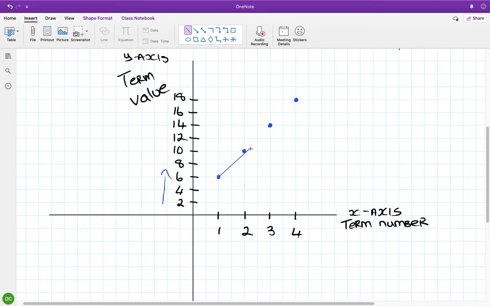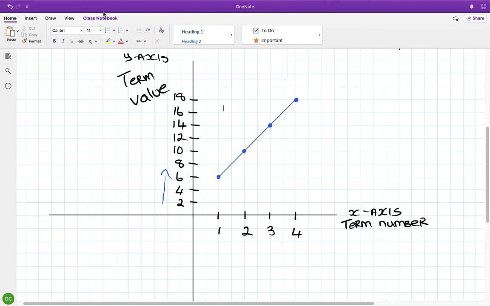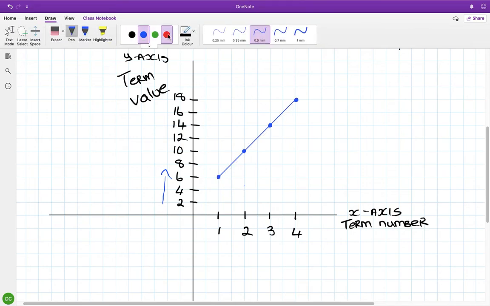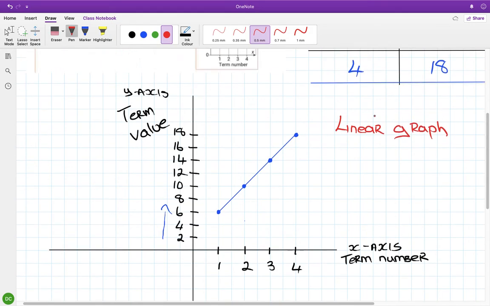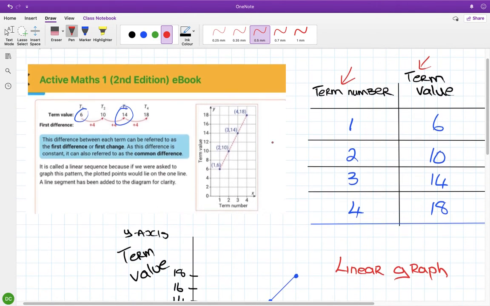You will notice that if you take a ruler, you'll be able to draw a line straight through all of your points. That is because this is a linear graph which was produced from a linear sequence. How do we know it's linear?